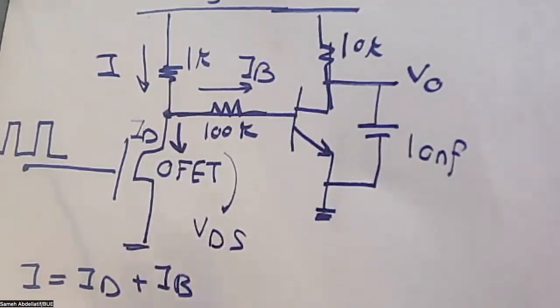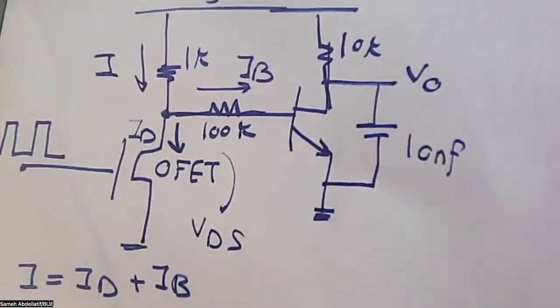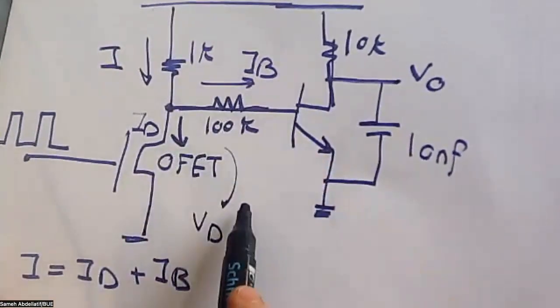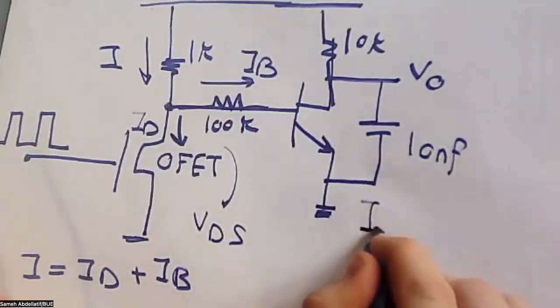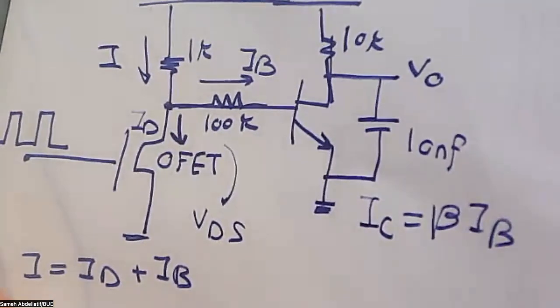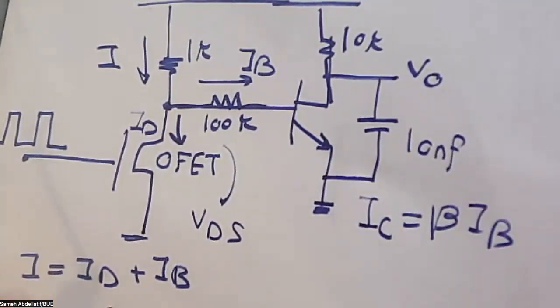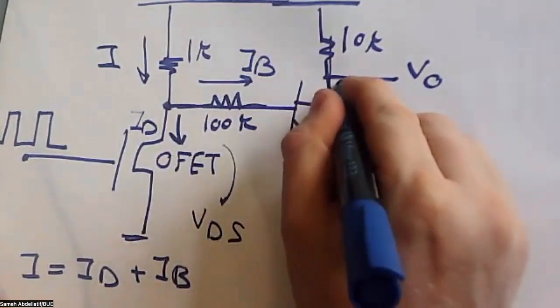The higher the ID, the lower the IB, and vice versa. Now, how does this affect this node? We definitely know, my dear students, that IC equals beta times IB. So when this IB changes, this will be reflected in a change in the collector current flowing here.